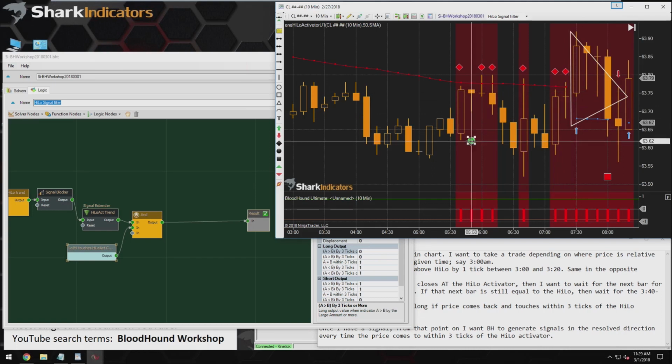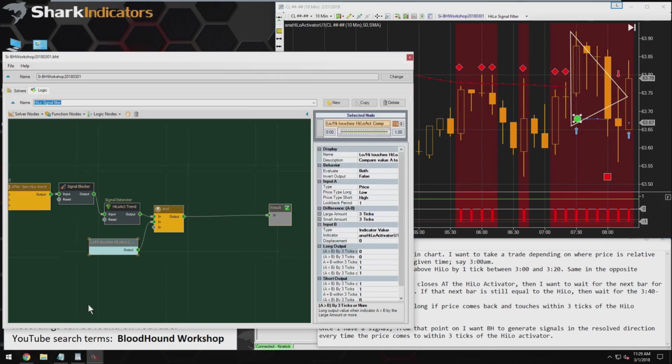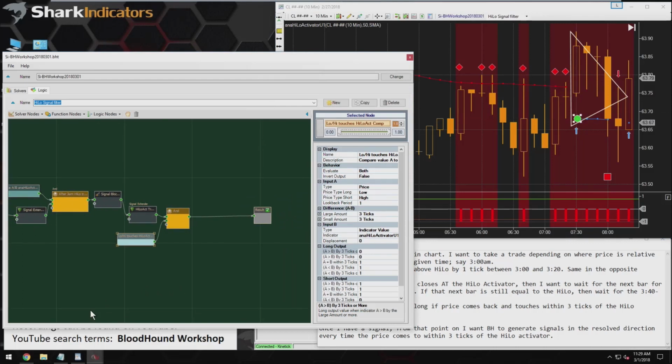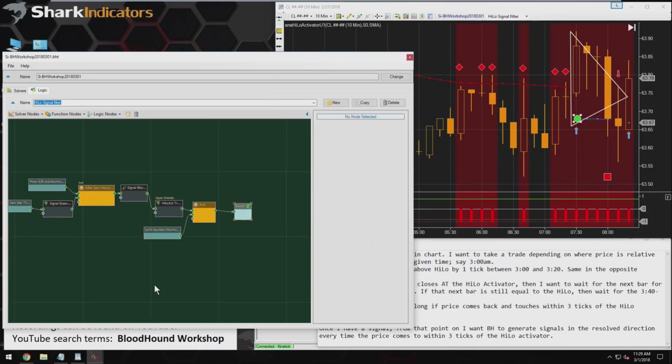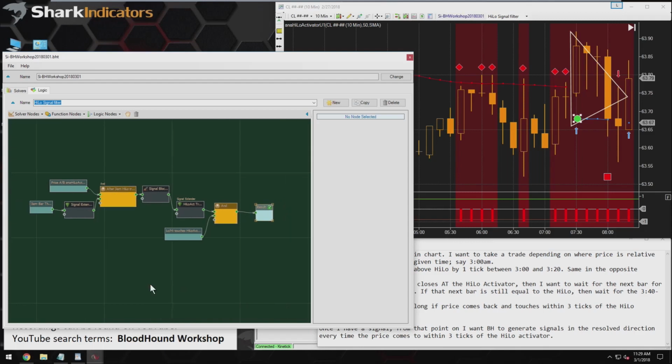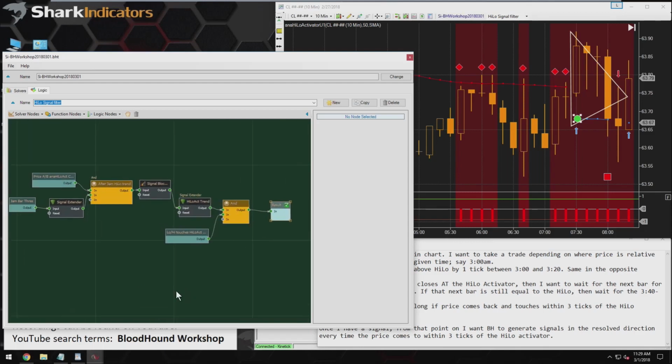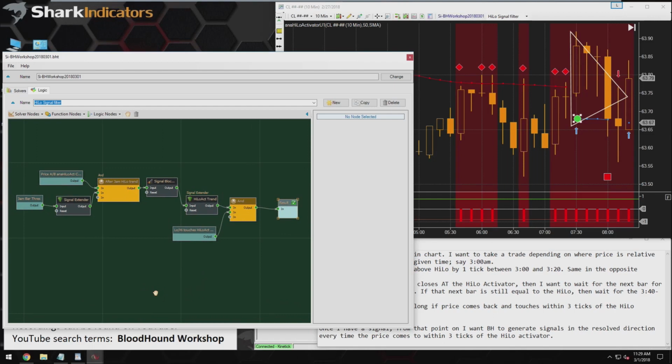So we can do two things: look at the low of the bar compared to the high-low indicator, or check the trend direction of the high-low indicator. I think checking the trend direction is going to be the easier solution, although neither is difficult. They're both really easy to do in BloodHound. Sometimes you're just making mountains out of molehills when you're making these decisions.